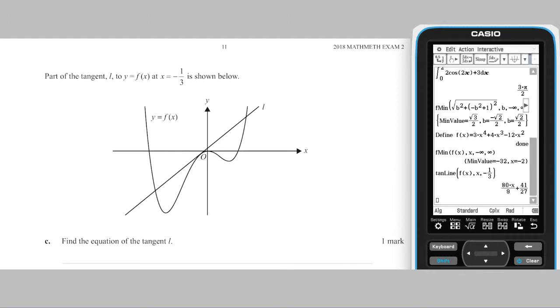Hence the equation of the tangent will be y equals 80/9 x plus 41/27.